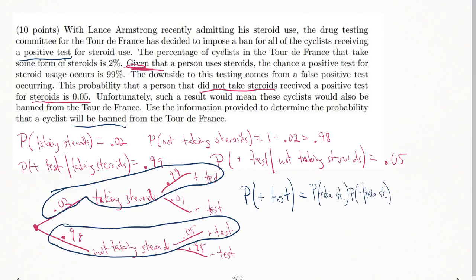Okay, so that's the probability of the positive test when they are taking steroids. Now we want to add that to the other scenario. So this is an addition principle. Probability of not taking steroids times the probability of a positive test given that they're not taking steroids.